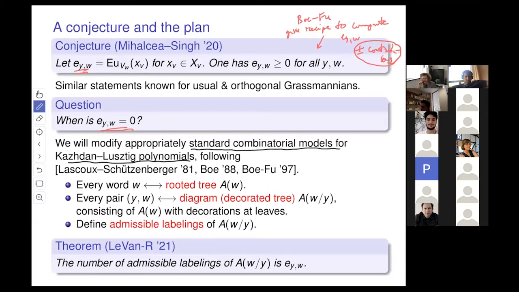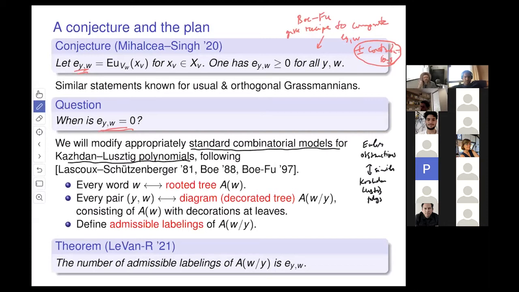The point is that, at least in this case of Schubert varieties, the behavior of local Euler obstructions is in some sense similar to that of Kazhdan-Lusztig polynomials. At least they have a similar flavor.